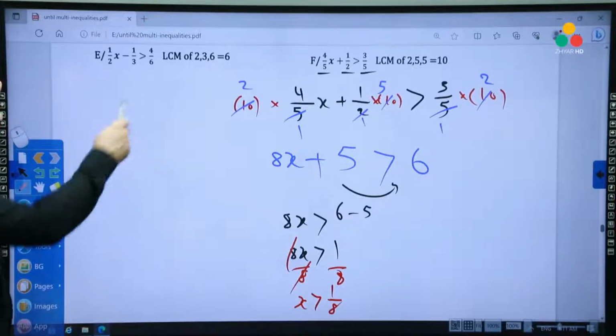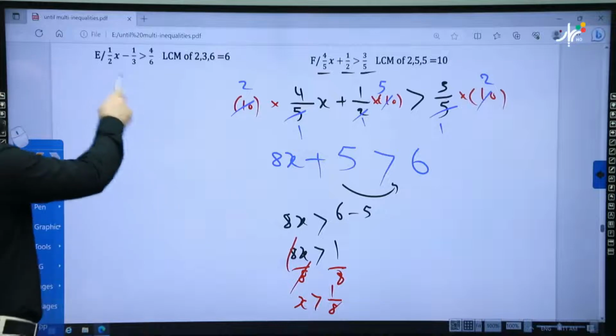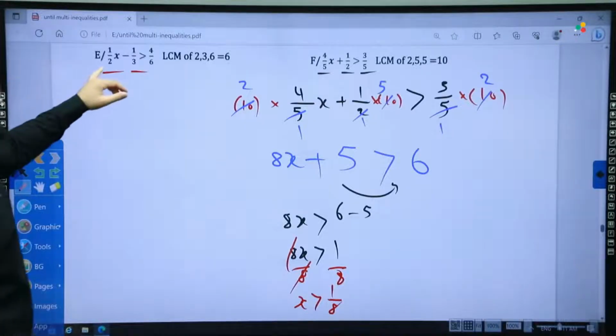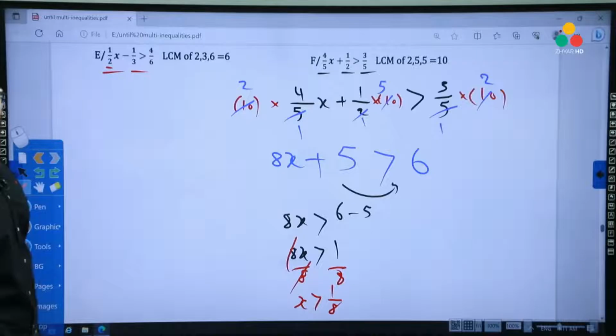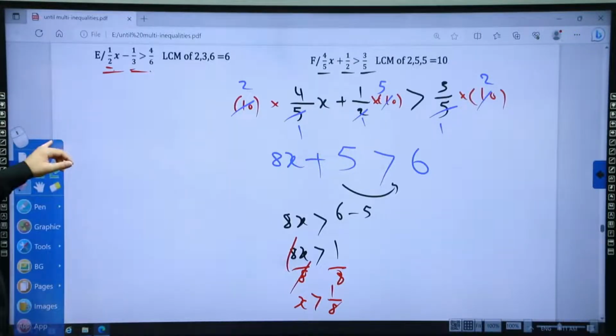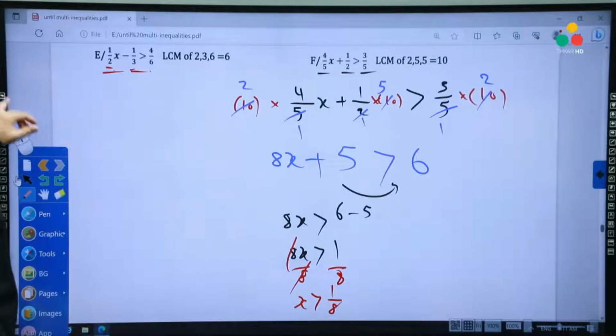This is the solution of the second one. Again, I'm going to repeat it. If you have fractions in all 3 terms or all 4 terms, we don't care how many terms there are. Just try to find the LCM between the denominators, then divide, let's say simplify it, you get a multi-step inequality and solve it.